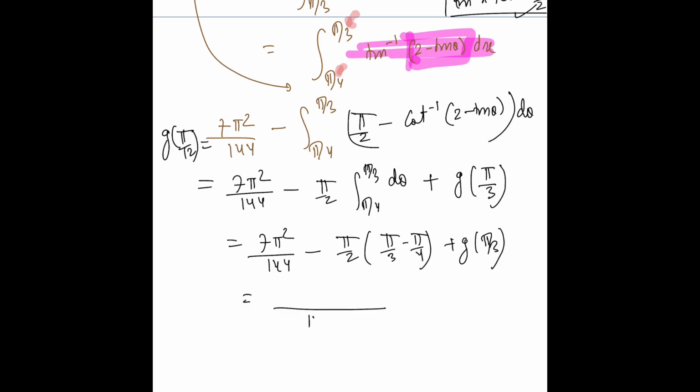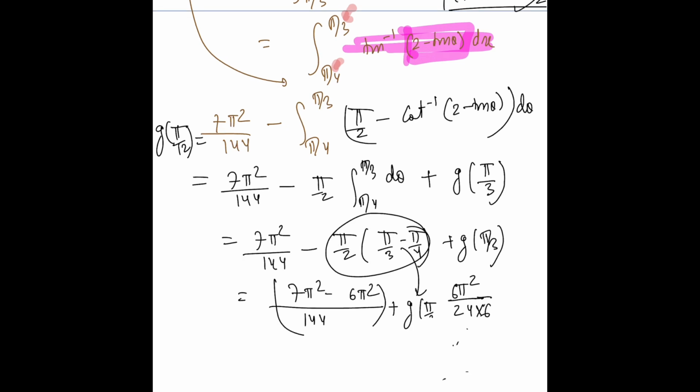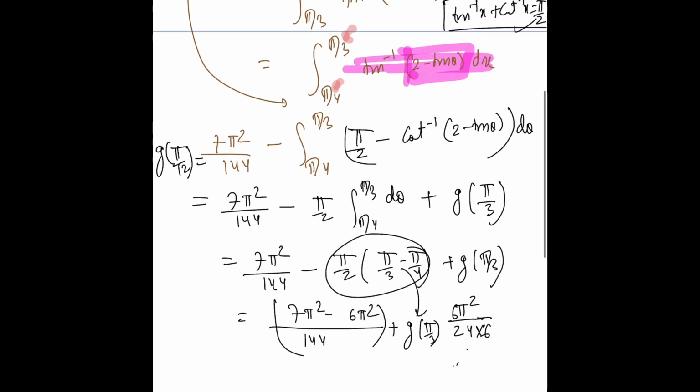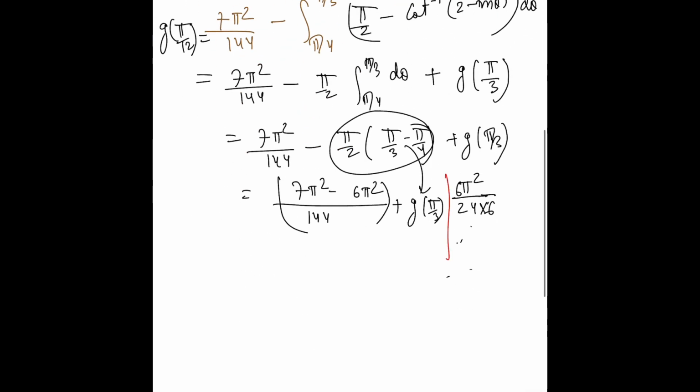So we have over 144 this quantity, which finally evaluates to g of pi by 12 minus g of pi by 3 equals pi square by 144.